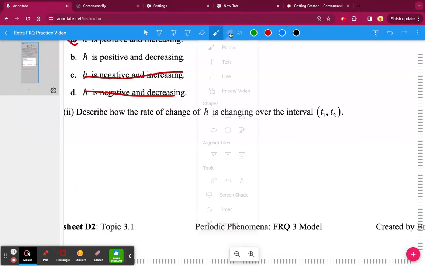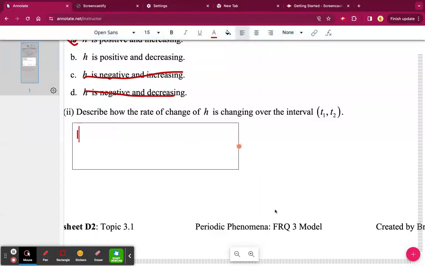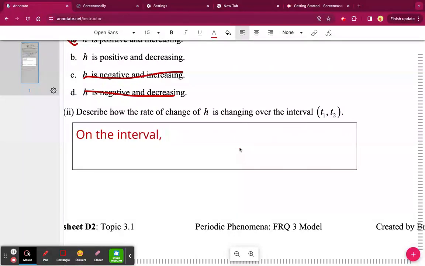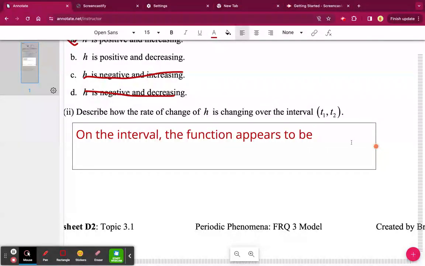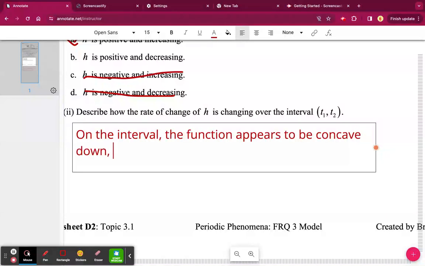I'm just going to go ahead and write that. On the interval, a function appears to be concave down.